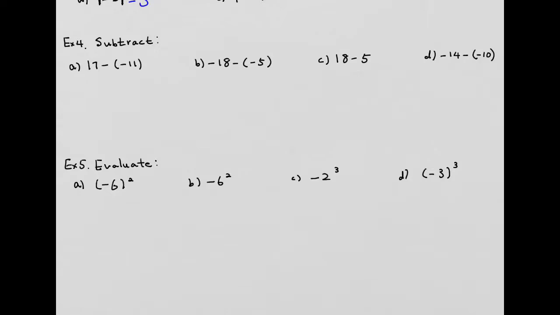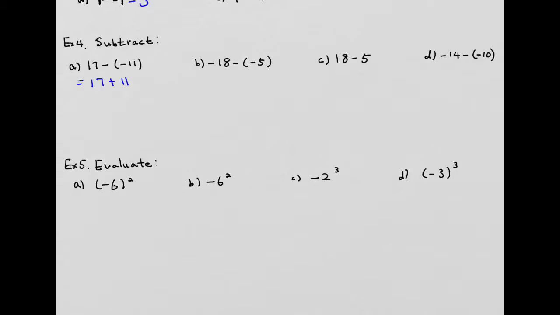Example 4, they're asking to subtract. So if I have double signs between two numbers, first thing I wanted to do is always trying to make it one sign between. So I have minus negative number, right? When you get double negative, it becomes positive. So this problem changed to 17 plus 11.